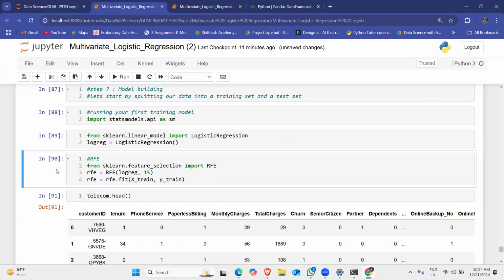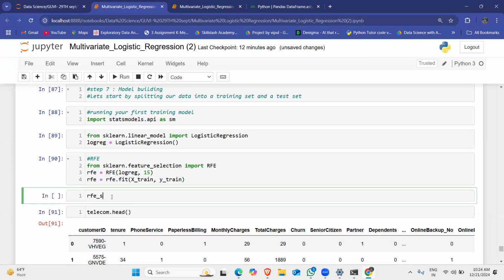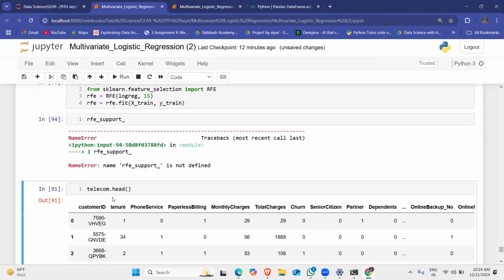Why is train not defined, right? Just a minute. So RFE is done. We'll write down rfe.support_.